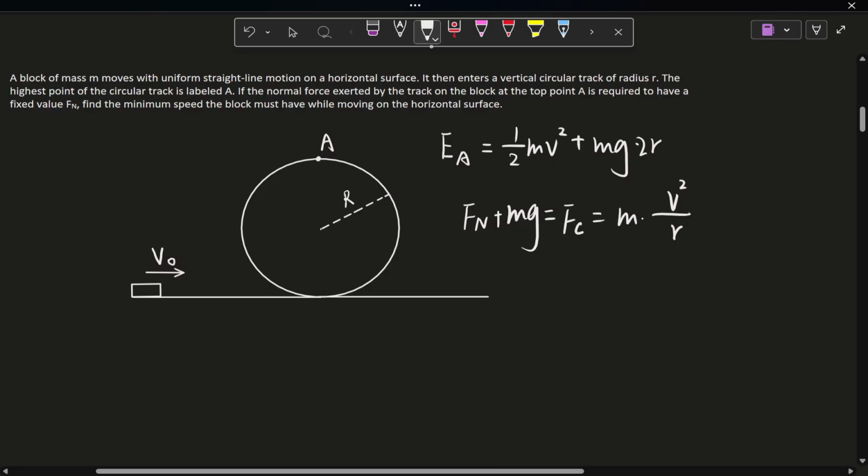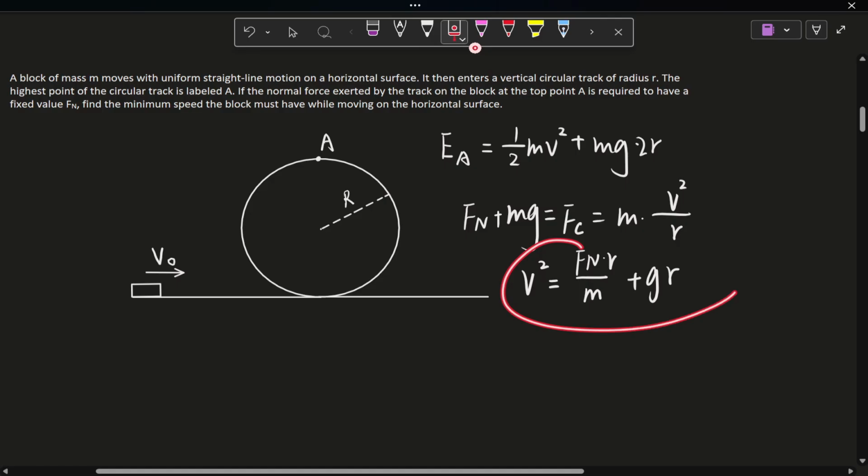And we can get v squared equal to Fn times r over m plus gr. We don't need to take the square root because here it's just v squared, so we don't need an extra step.